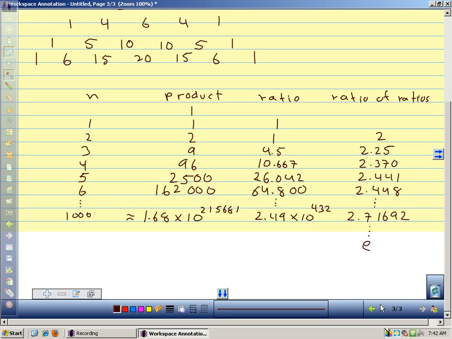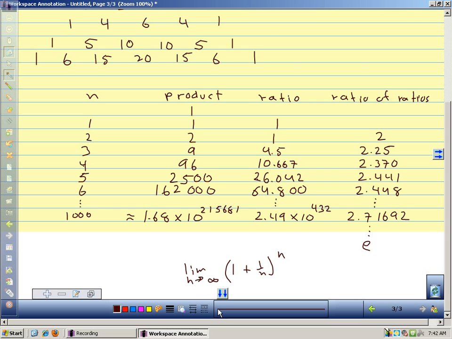It's just interesting. If you write out the formal expression for the product of the rows and do the ratio and the ratio of the ratios, you can prove that you end up with 1 plus 1 over n to the n as n approaches infinity.